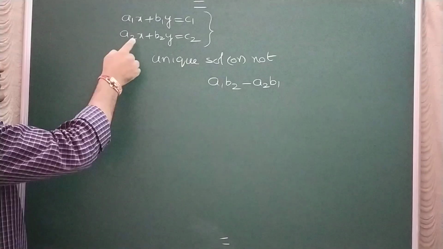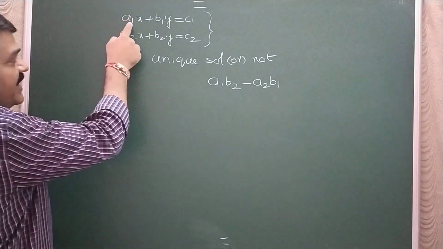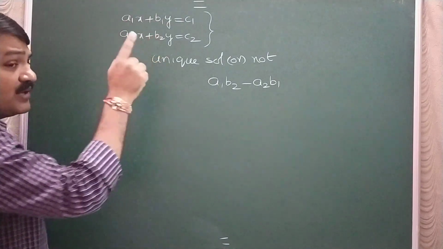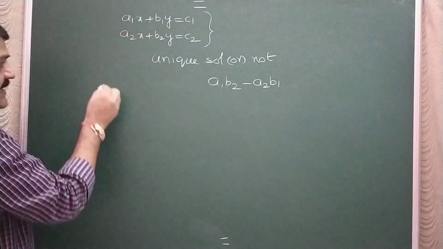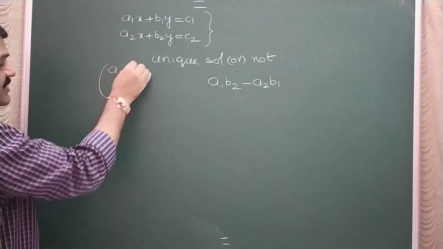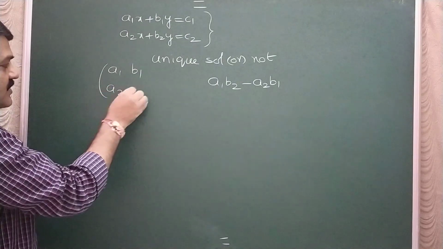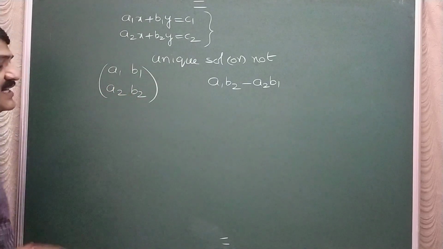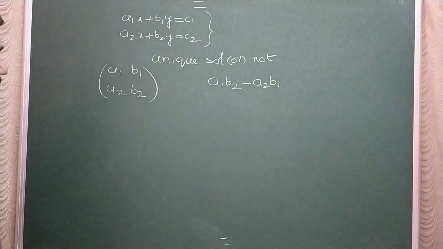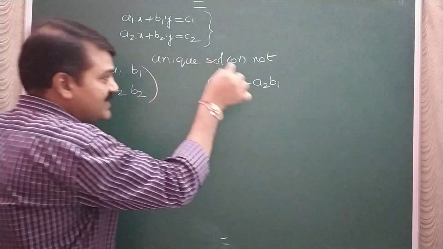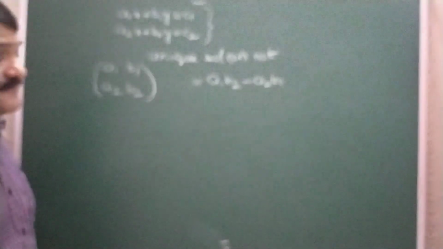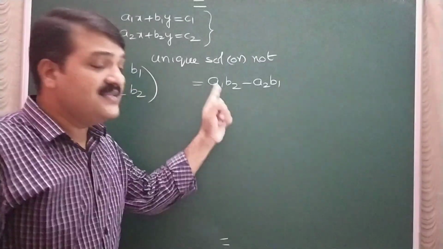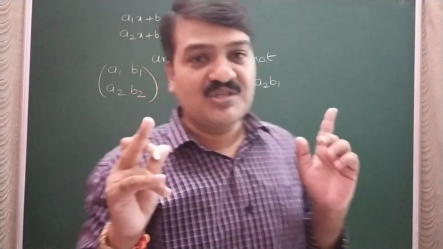So if you take the set of equations, a1, b1, a2, b2 are coefficients. With a1, b1, a2, b2, if we write a matrix, this is called the coefficient matrix. And the determinant of this, that is a1 b2 minus a2 b1, determines whether the set of equations will have a unique solution or not.